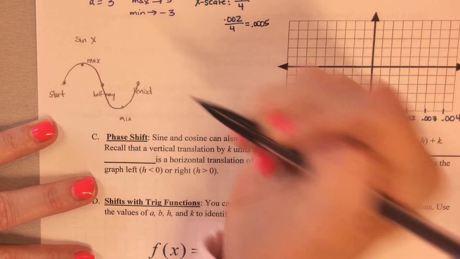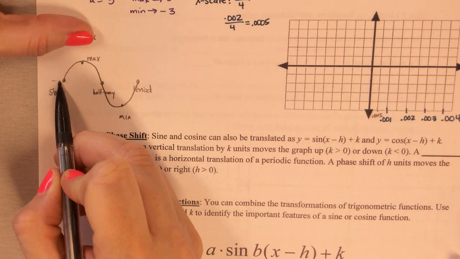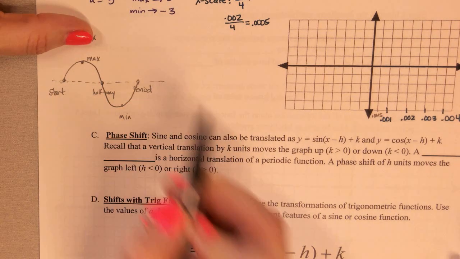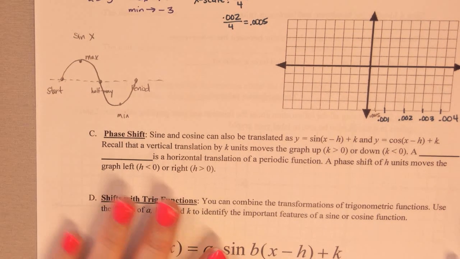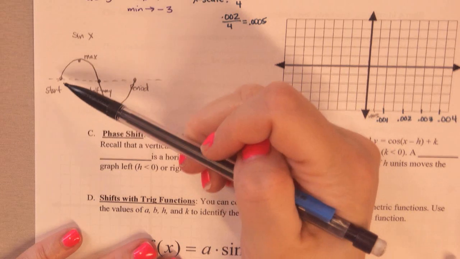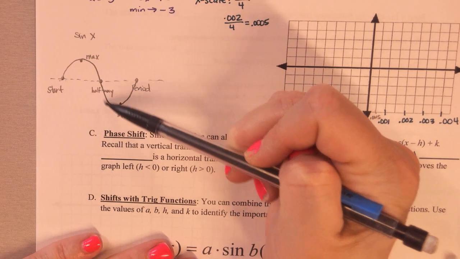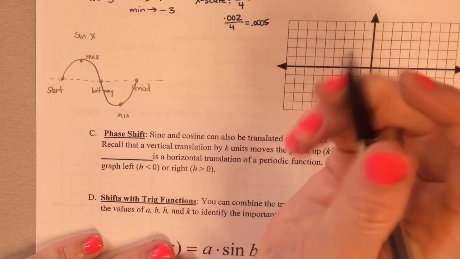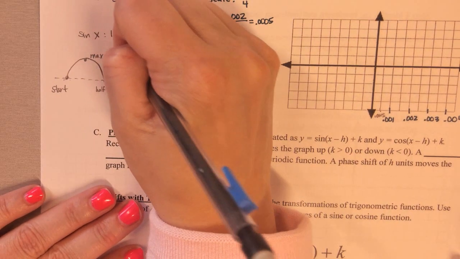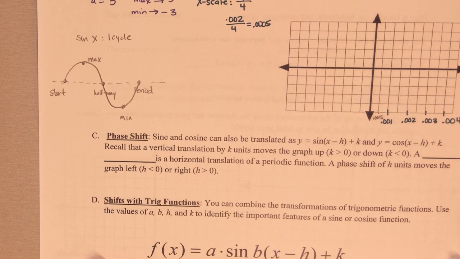And I am labeling them like that for a reason, so that you understand that you can use this every single time. Okay? So for the sine function, you start at 0, you go up to the max, halfway is 0, down to the min, and then you end at your period. So this is one cycle. Okay? This is your one cycle.